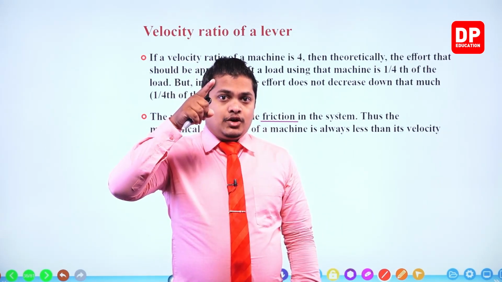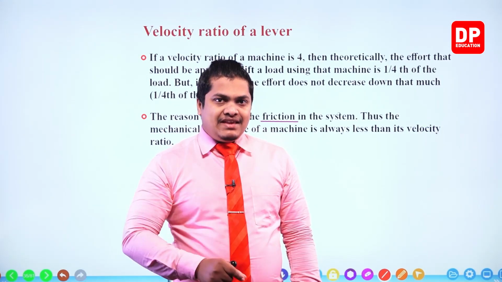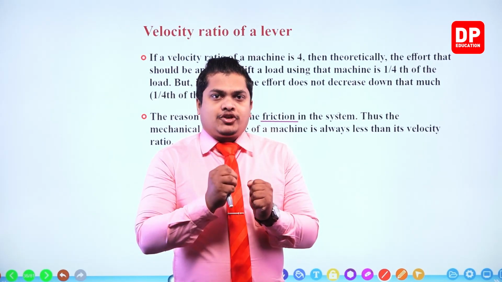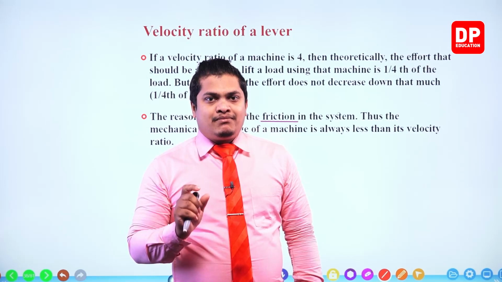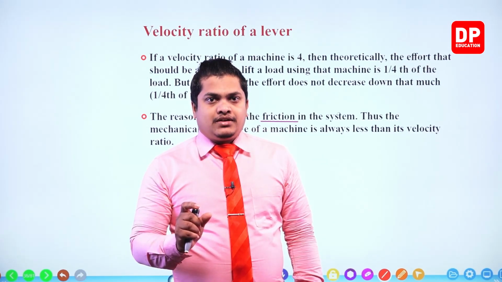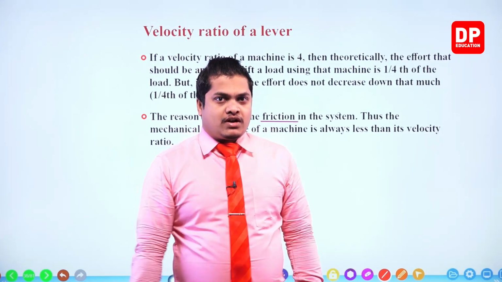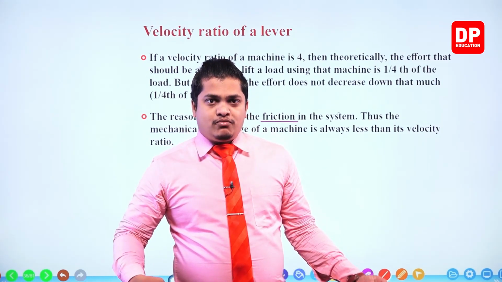That means on the pivoted point, on the fulcrum, the body of the lever is facing a certain kind of frictional force. Because of that, what will happen? Some amount of effort should be given extra in order to overcome that friction. Otherwise, we won't be able to move that.